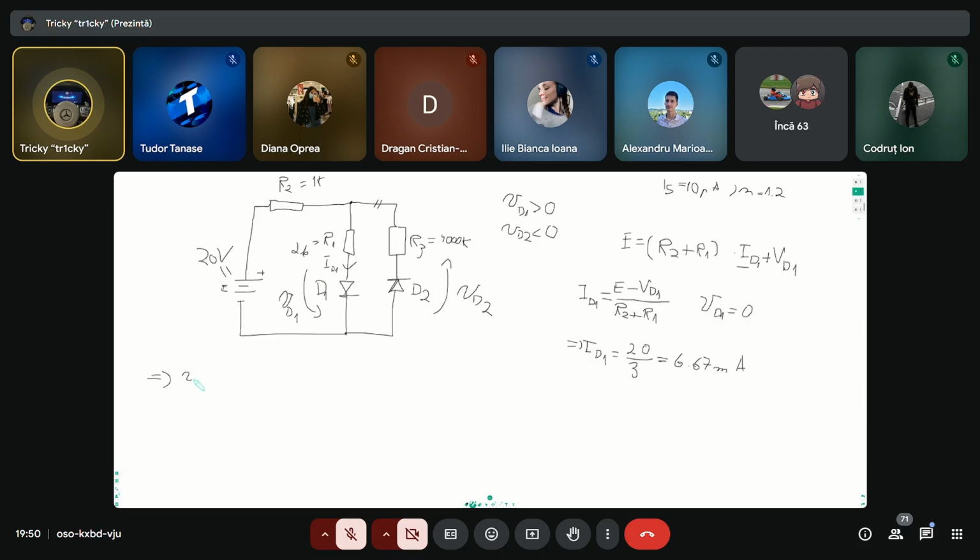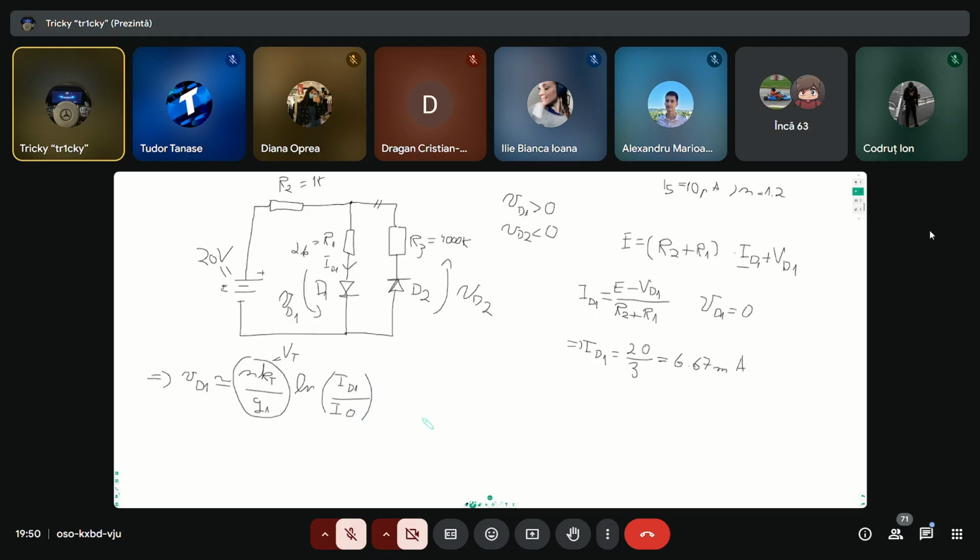So VD1 is approximately equal to N times KT divided by Q. This thing over here is the threshold voltage, and some of these things are constants, as we're going to see later, times ln of ID1, which we calculated earlier, divided by I0.